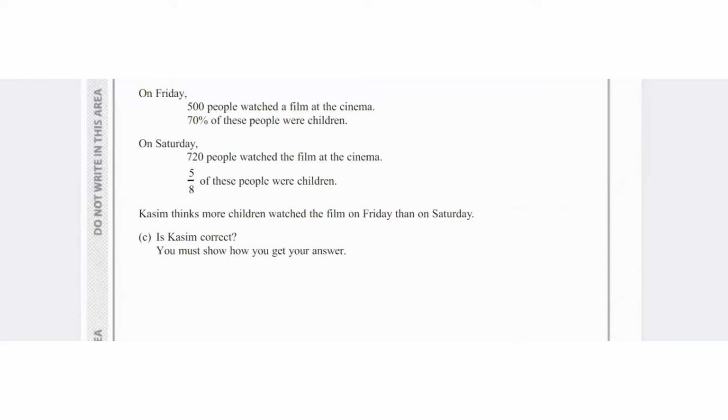On Friday, 500 people watched a film at the cinema. 70% of these people were children. So let's find the number of children first. If 500 people watch the film and 70% of these people are children, then 500 times 70 over 100 is going to be 350. So 350 people are children.